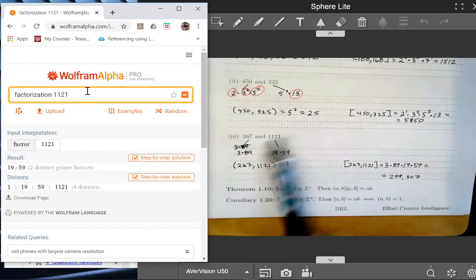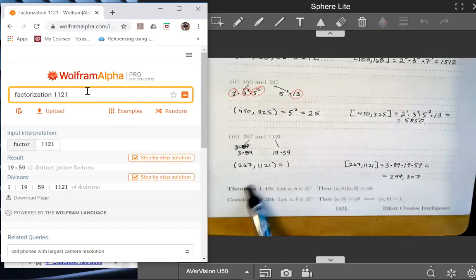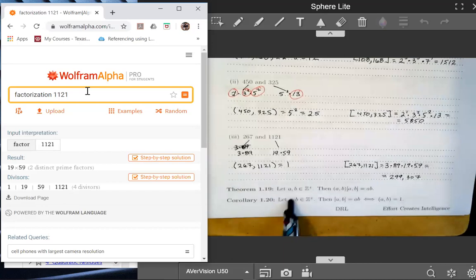And after going through these examples, we get to these important theorems, and that is that if A and B are positive integers, then the product of my greatest common divisor times my least common multiple is equal to the product of my integers.